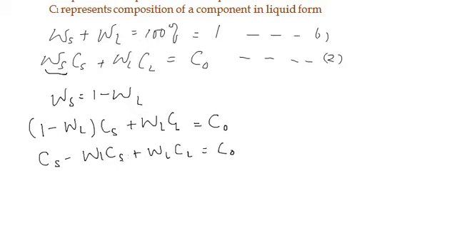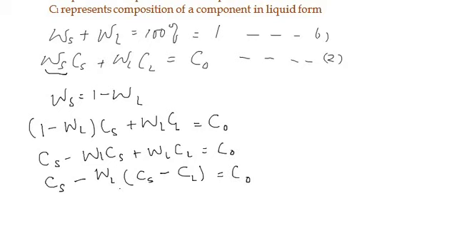Meanwhile, you can collect like terms since both of them have wl. So you'll be left with cs minus wl into, so this will be left with cs, while here you have minus cl equal to co.